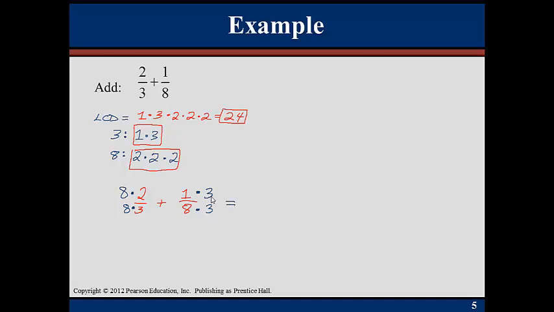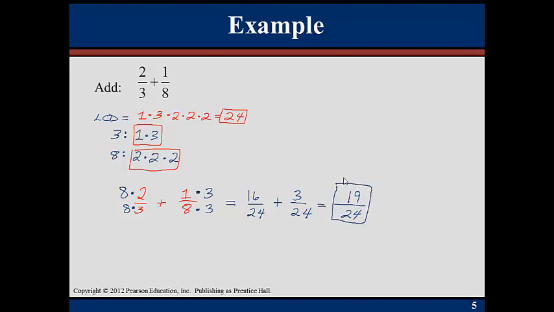Whatever you do in the bottom, you have to do in the top. So 8 times 2 is 16 over 8 times 3, which is 24, plus 1 times 3, which is 3, over 8 times 3, which is 24. The bottom numbers are exactly the same, so keep the bottom numbers. And then 16 plus 3, which is 19.